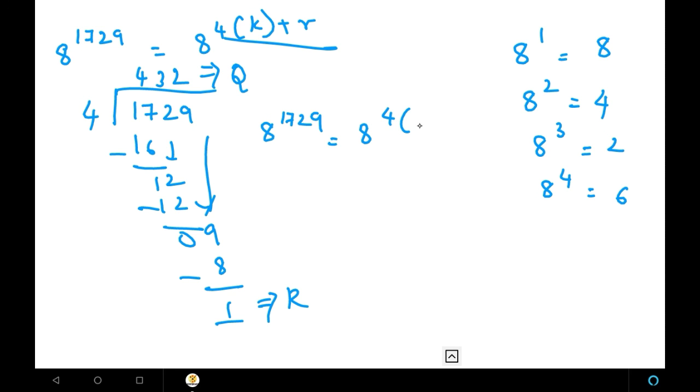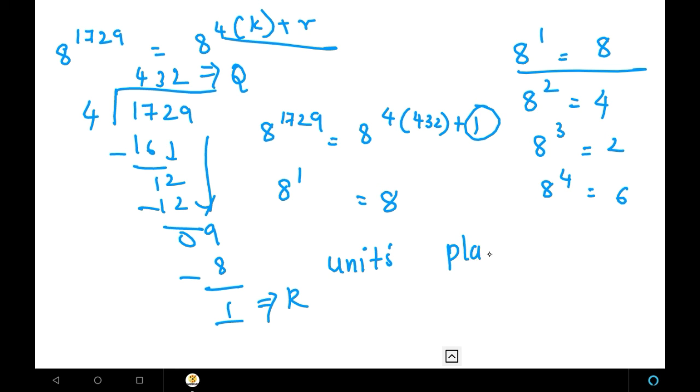That will be 4 into 432 plus r, where r is 1. Here the remainder is 1, so we should consider it as 8 power 1. If it is 8 power 1, then it is 8 itself. So we have written here 8. So the units place is 8.